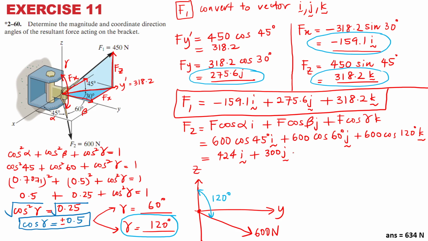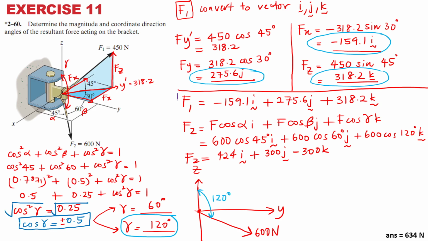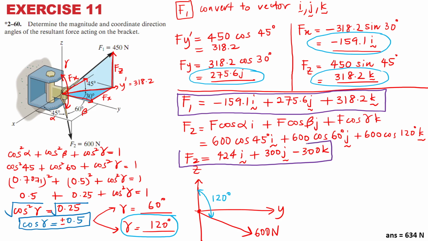You are going to get immediately negative 300 k. This will be F2. So, the two things that you need to take care of, the two important things, I'm going to put in purple color. This was the first one which you have solved, and this is the second one.